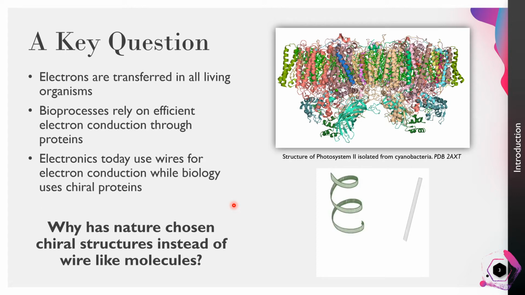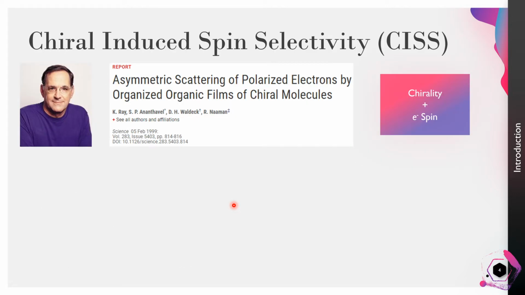But one group that was very interested in the answer to this question of why nature uses chiral molecules for the transference of electrons was Dr. Newman's group, and he published in 1999 the theory of chiral induced spin selectivity, which was an answer to this question.